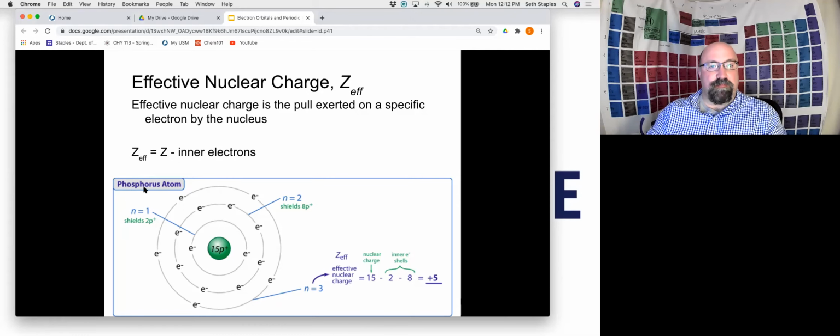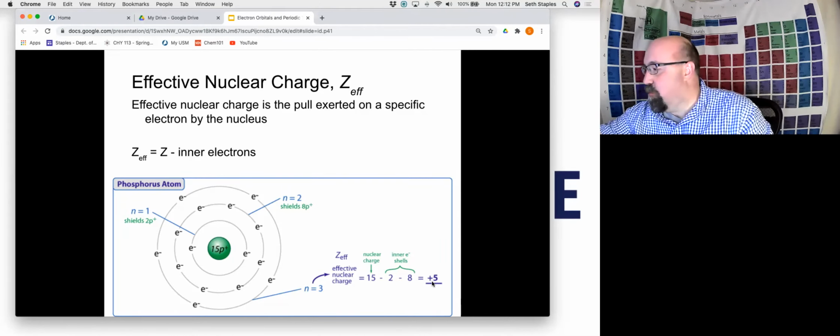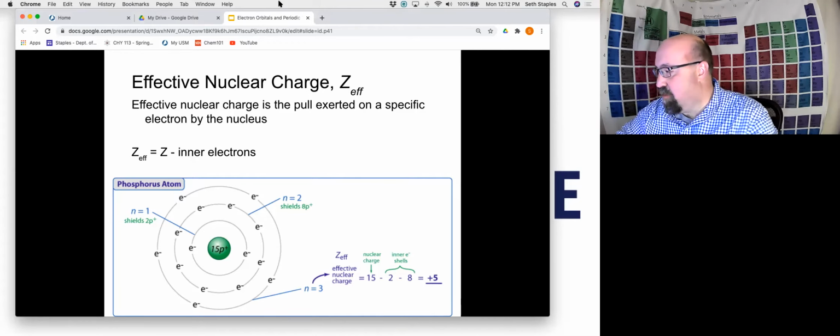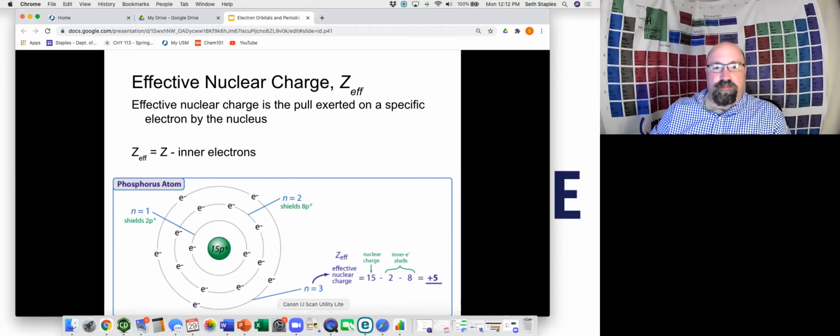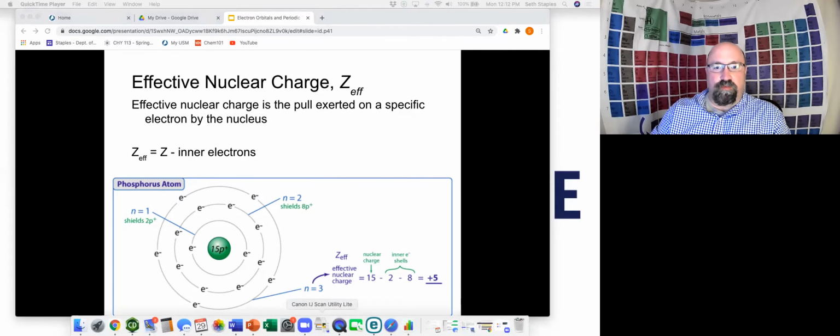In this example for phosphorus, Z is equal to 15, and we have 1, 2, 3, 4, 5, 6, 7, 8, 9, 10 inner electrons to give us an effective nuclear charge of +5. Let's look at an easy way that you can find the number of inner electrons, because we haven't really talked about that yet. I don't think I've set this up to be able to.